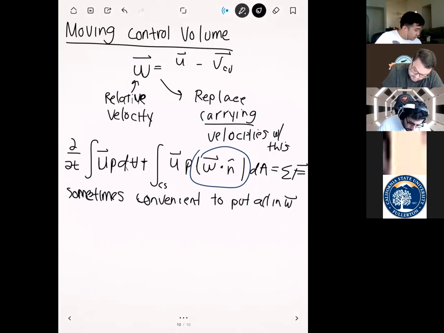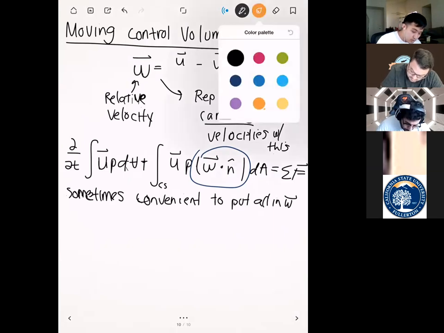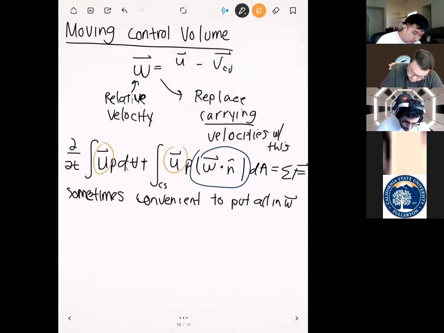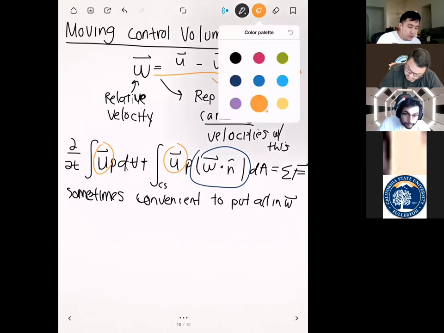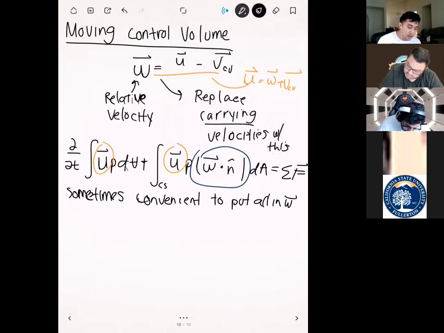And so we're basically going to replace all of our U's with W plus VCV, because if we rearrange this expression right here, we can solve for the U vector, and the U vector is just going to be W plus VCV.